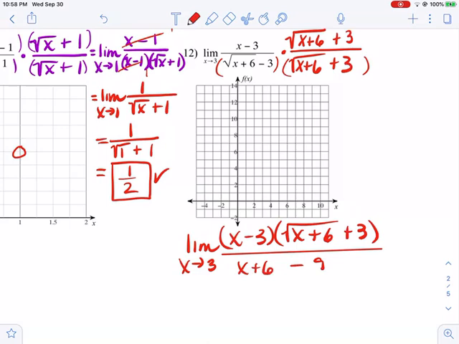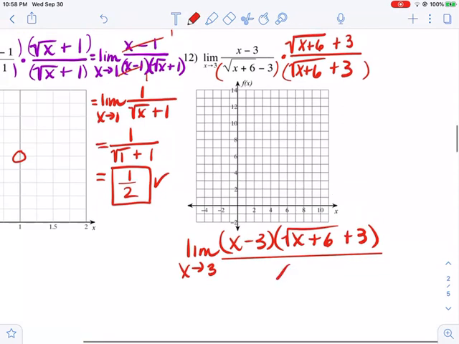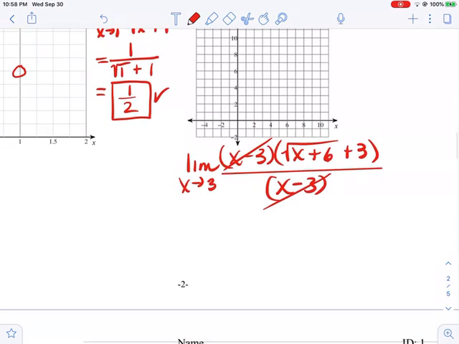So let's go ahead and stop for a second, simplify that to x minus 3, right? That's kind of cool. Cancel these two. And in the interest of time, I'm just going to substitute. Looking at what I have left is this. So I have the limit is equal to then the square root of 3 plus 6 plus 3, and that's it, right?